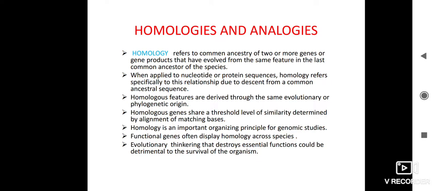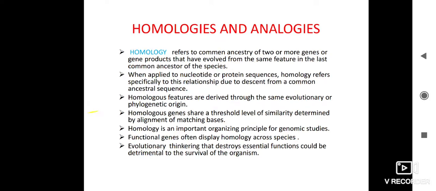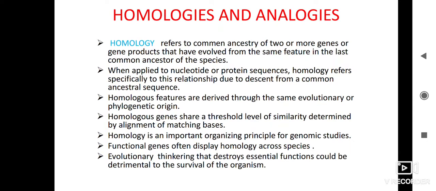Homology refers to common ancestry of two or more genes or gene products that have evolved from the same feature in the last common ancestor of the species. When applied to nucleotide or protein sequences, homology refers specifically to this relationship due to descent from a common ancestor sequence.